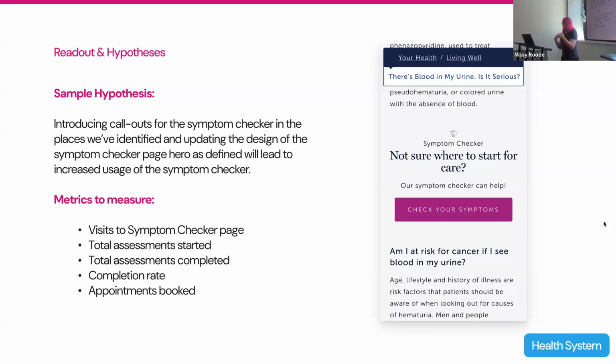In this case, we say if you introduce these call outs where we recommend, that's going to lead to increased usage of the symptom checker. Only the first metric there is actually directly measuring the hypothesis, which is visits to the symptom checker page.